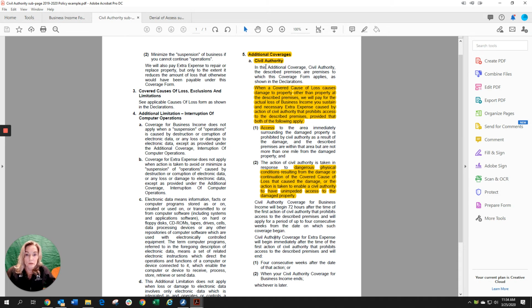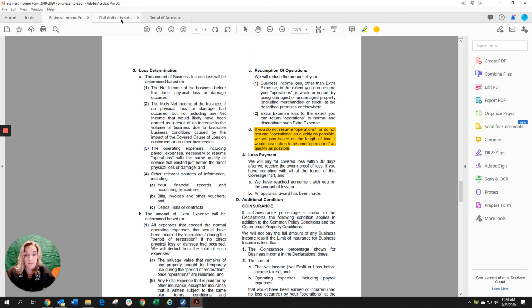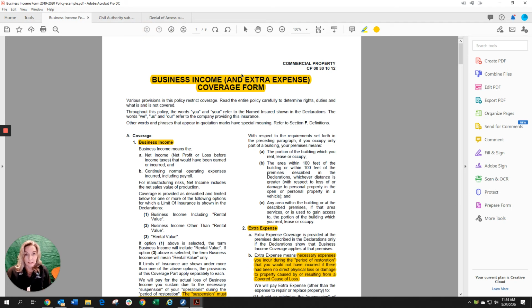So that's how civil authority works. Again, it goes back to property damage from a covered cause of loss. I hope this has been helpful. We're getting a ton of questions on why and how this may or may not be covered. Again, not legal advice, simply reviewing an example form and providing some context for what people are talking about.